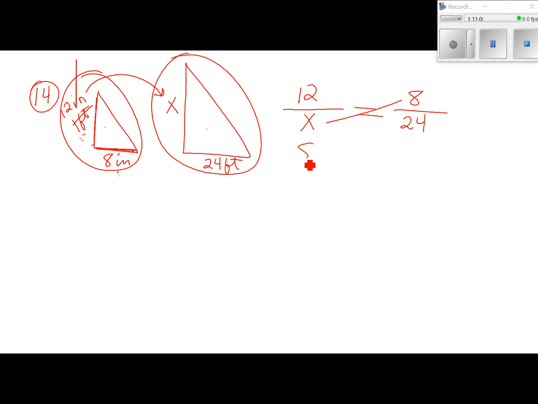Cross multiply, and that gives us 8 times X. Cross multiply this way, 12 times 24. And we get 288. Divide both sides by 8.